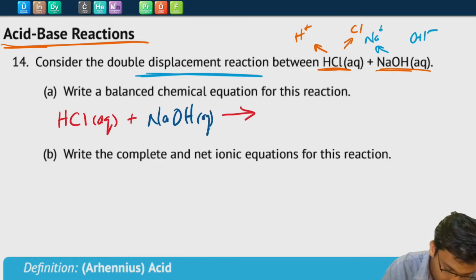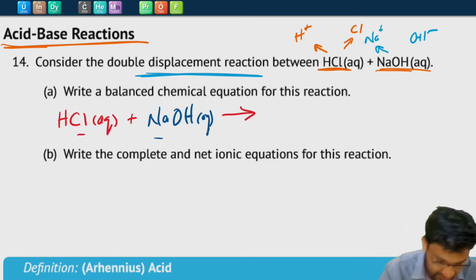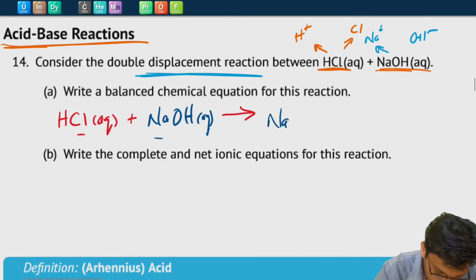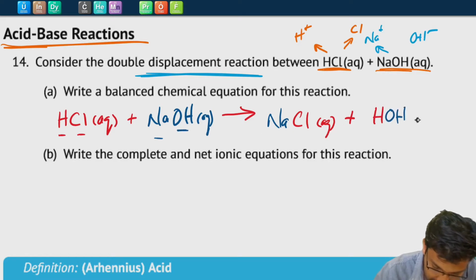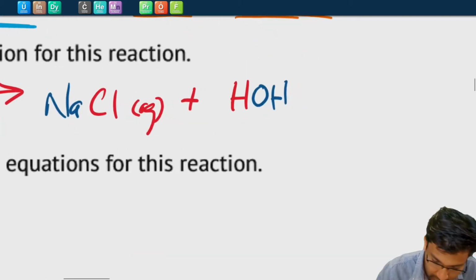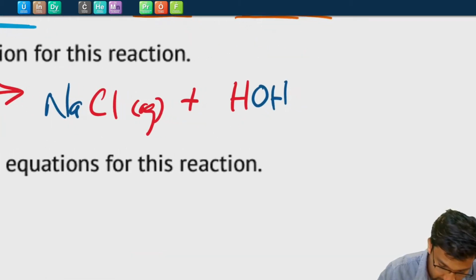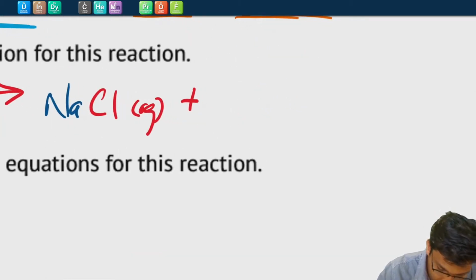In one case, we'll have the Na from NaOH combining with the Cl minus from HCl to give us NaCl, that's aqueous, and we'll have the hydrogen from HCl and the OH minus from NaOH to give us HOH, or really this compound is just water, H2O. So let's rewrite that as H2O, which we know is a liquid.